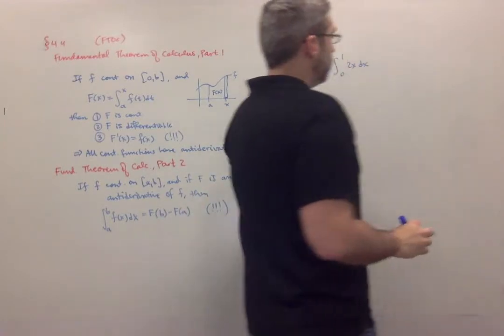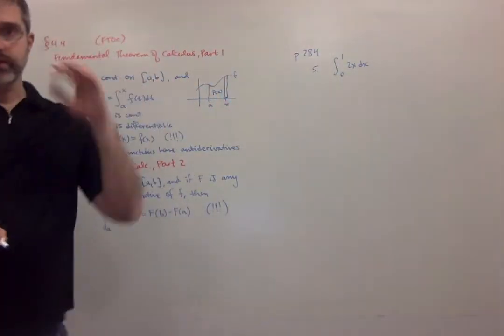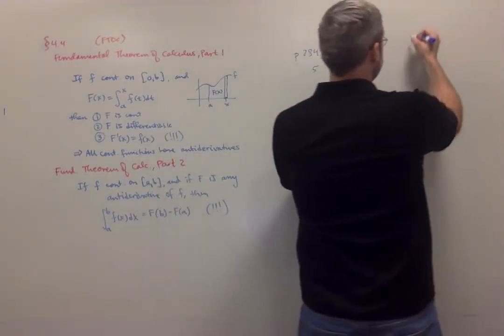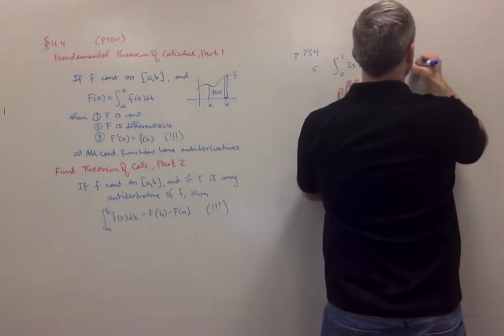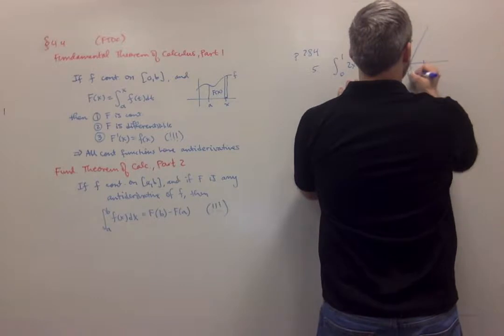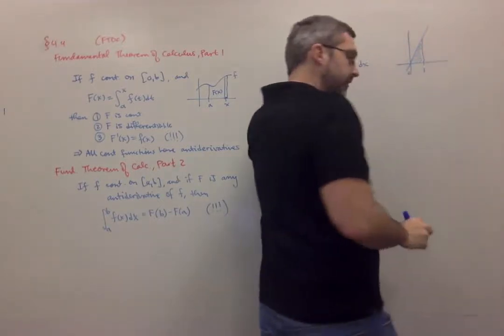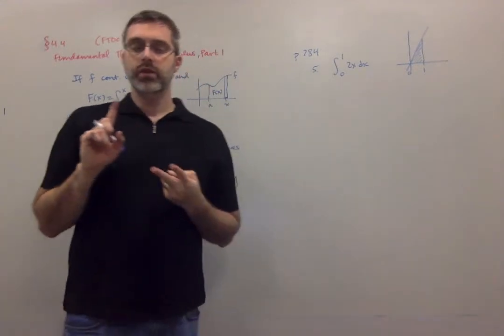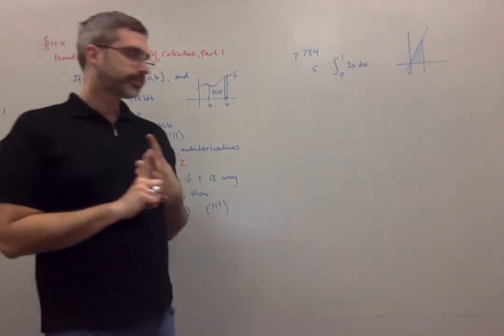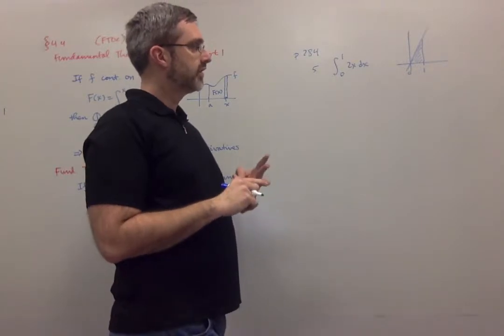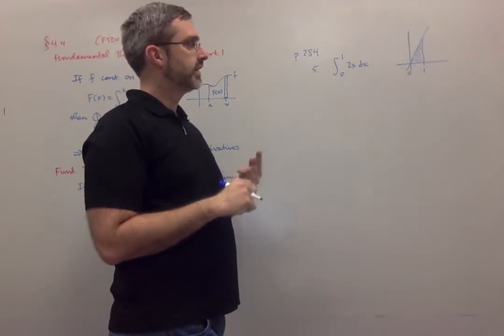So earlier, the way that I would do this, before we had the fundamental theorem of calculus, you would have to draw the function. Okay, and then to get this area, we would cut up the interval, draw rectangles, find the areas of those rectangles as a Riemann sum, and then let n go to infinity.